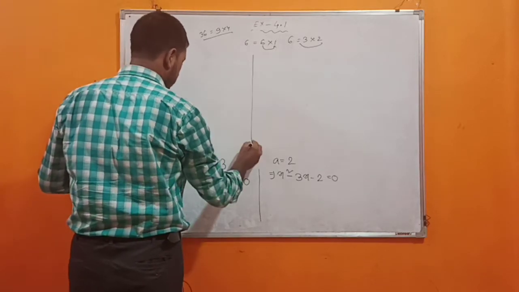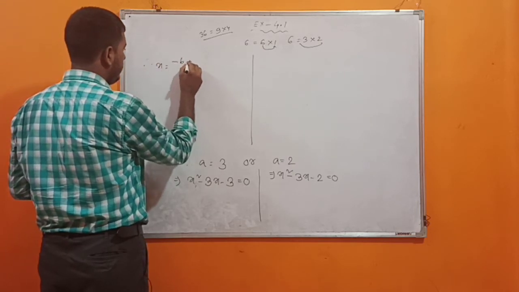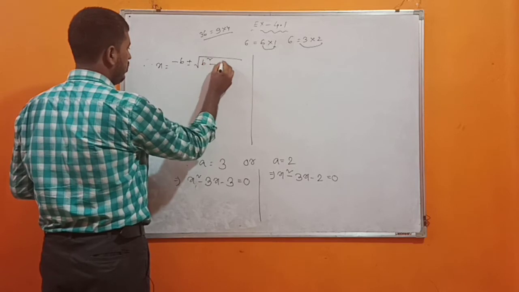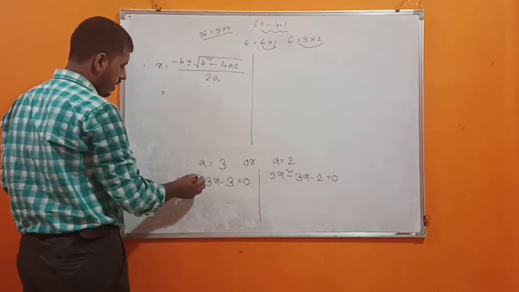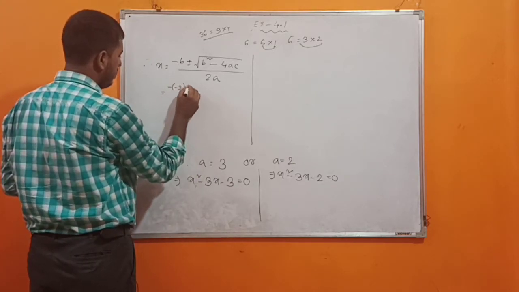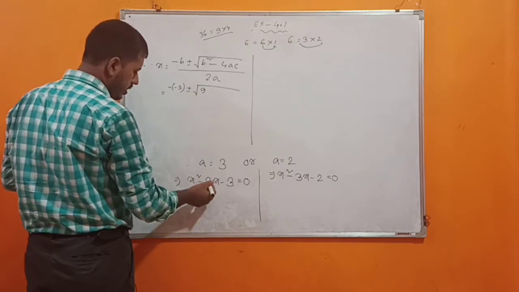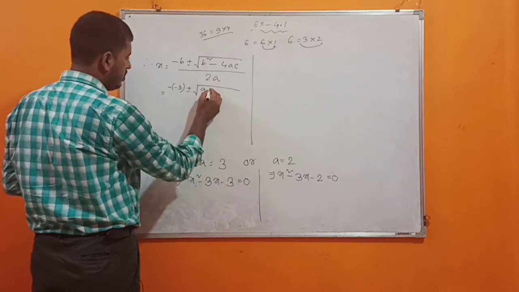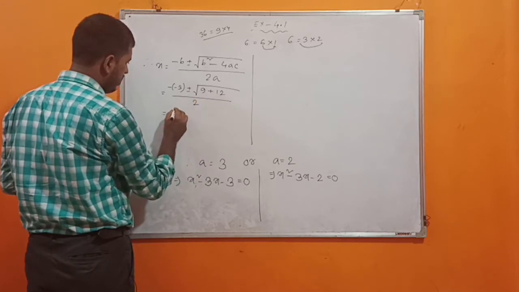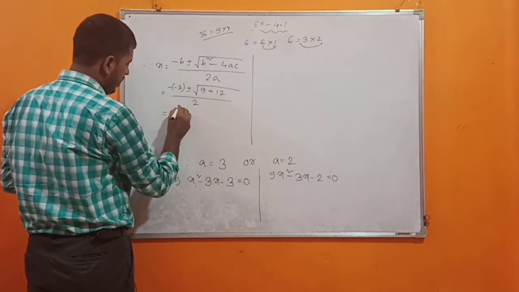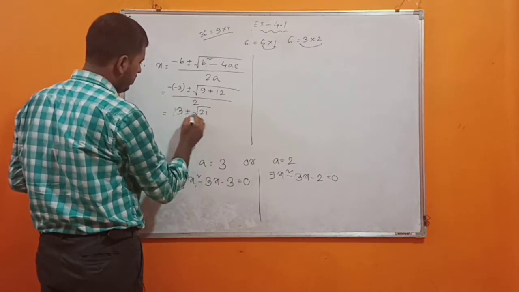So I am writing from this equation, therefore x equal to minus b plus minus root over b square minus 4ac by 2a, and this can be written as minus b, here minus 3, plus minus root over b square, minus 3 square, that is 9, minus 4ac, 4 into 1 into minus 3, that is 12, divided by 2a, here is 2, that is 3 plus minus root 21 by 2.